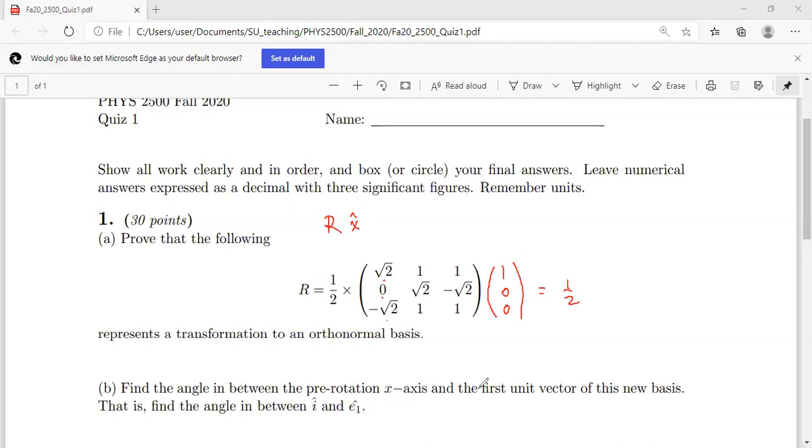So the kind of meta structure of this linear algebra thing we're doing is that vector times matrix equals vector. So when I multiply this vector, namely the x unit vector, by R, what I get is this, √2/2, 0, minus √2/2. So that's a vector.